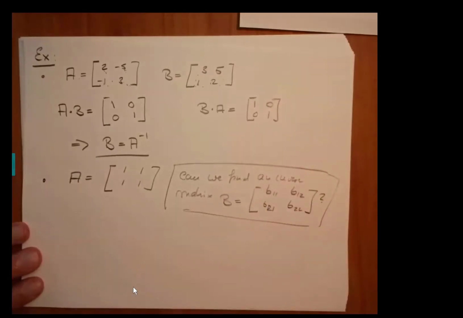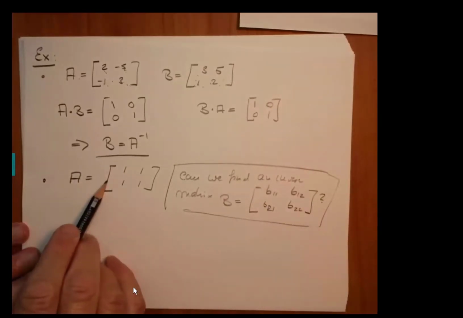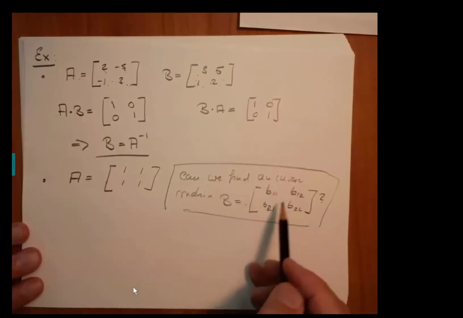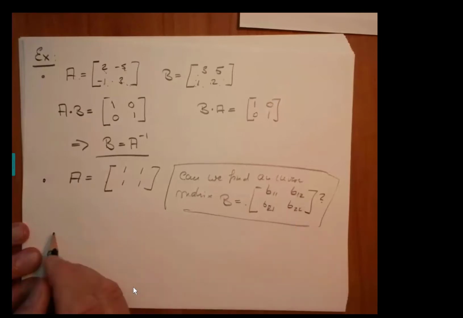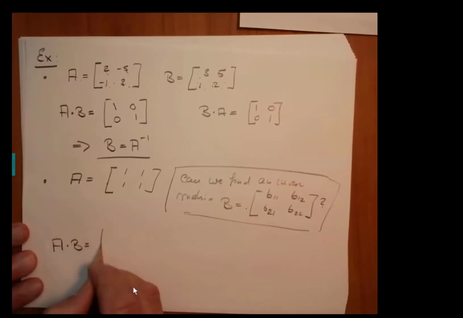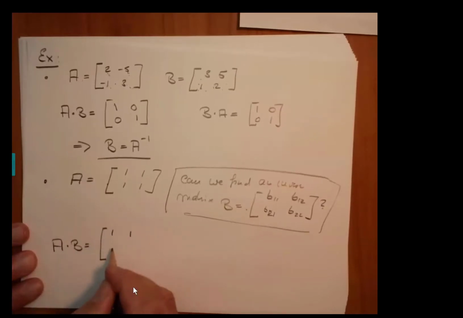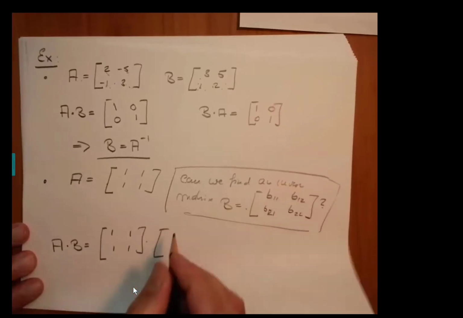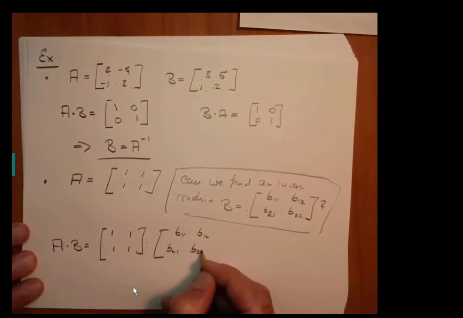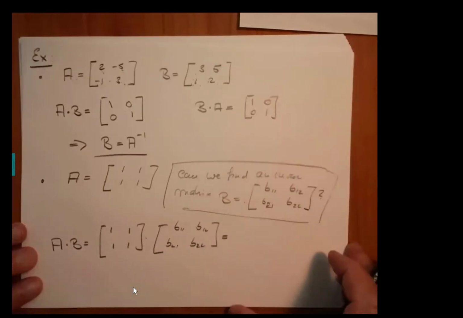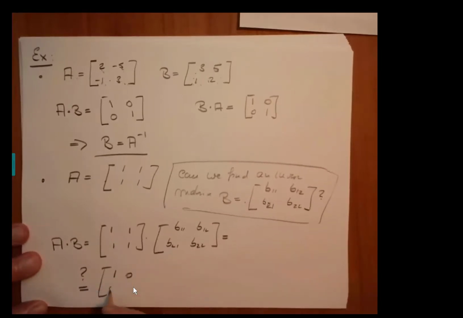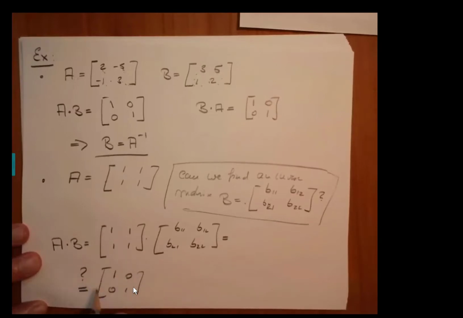We multiply A by B and try to figure out what B11, B12, B21, B22 are. So now we multiply A times B, which is 1, 1, 1, 1, times B11, B12, B21, B22. And the question is, can we arrange it so that we get the identity?